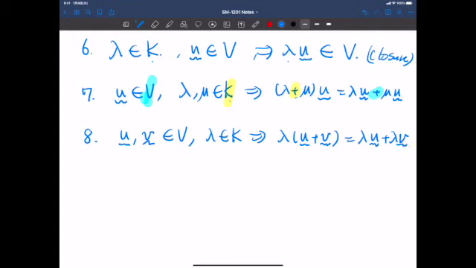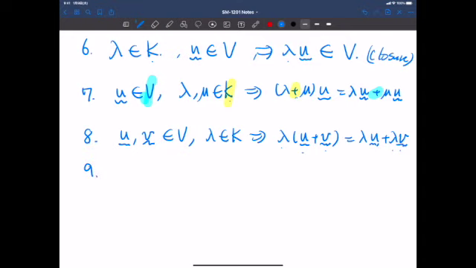As we have noted before, u plus v is a vector. So if we multiply that vector with a scalar lambda, then what we get is this. Lambda u is also a vector and lambda v is also a vector. So this is a kind of distributive law of scalar multiplication.